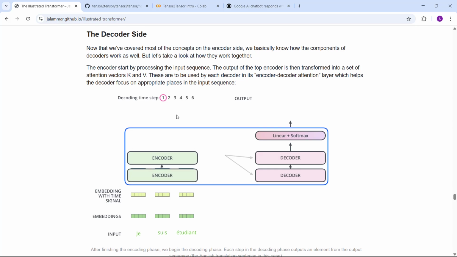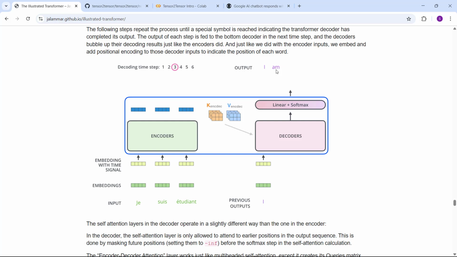Let's see the decoder time steps here. First, the starting sequence will be passed to the decoder model, and then it will try to predict the first word, that is I. We are taking key and value from the encoder and query from the decoder and trying to predict the next word. In the second step, it predicted am.